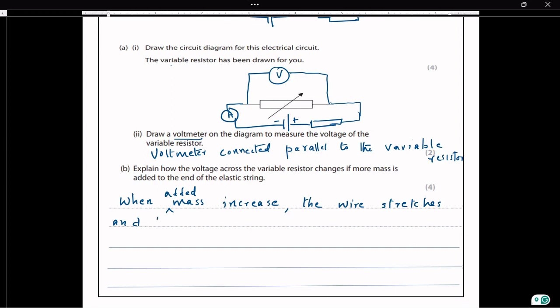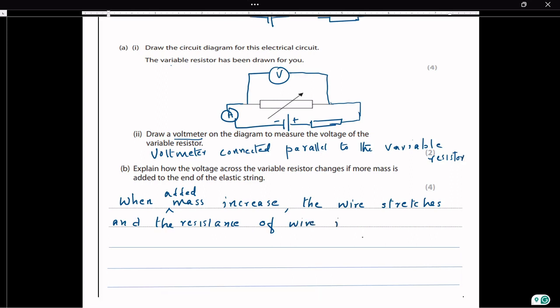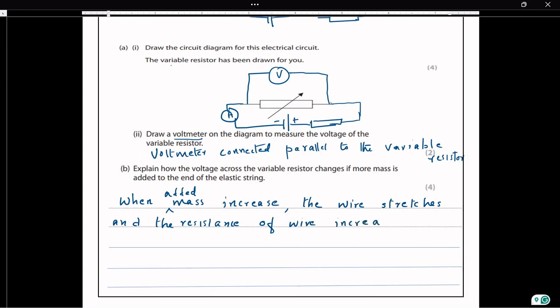Wire stretches and the resistance increases. That means the variable resistance is increasing.